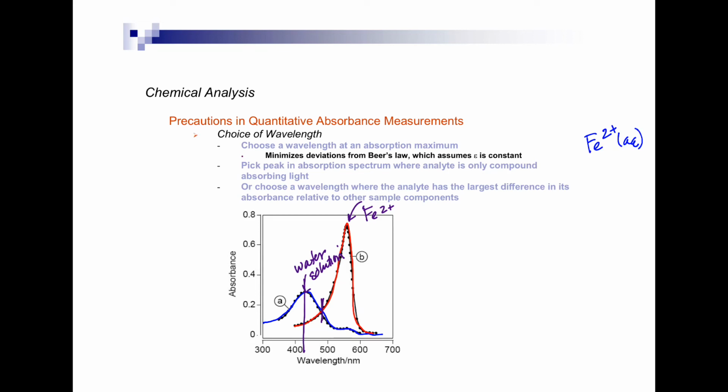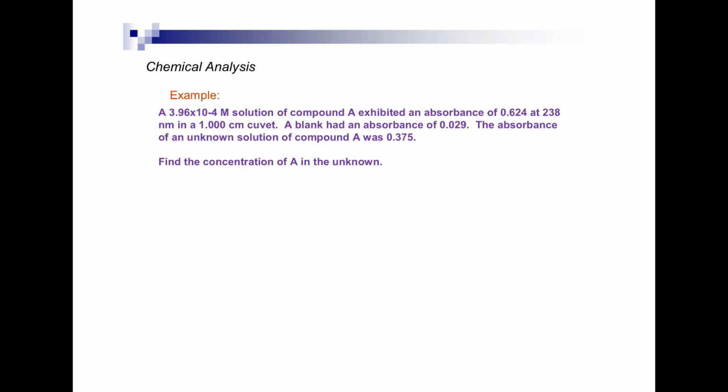So now let's do a little practice with actual Beer's law. I'm just going to remind you, Beer's law says that the absorbance is equal to the molar absorptivity times the path length, so that's the thickness of the cell, times the concentration of the compound. Okay, so let's read this problem here.